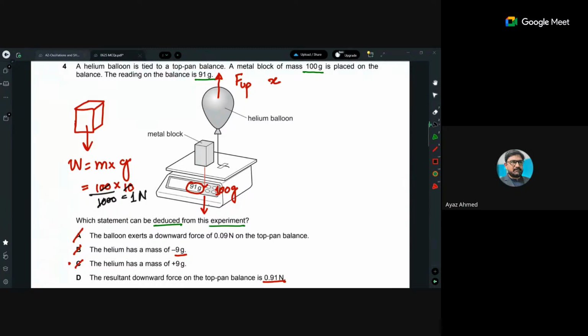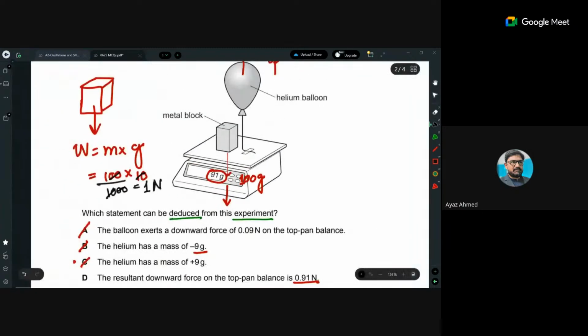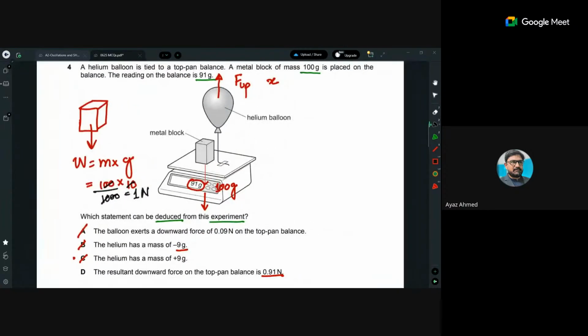How much force is applied by this weight in the downward direction? 1 Newton. Are you getting this thing? 1 Newton came like this: weight is equal to mass into gravitational acceleration.